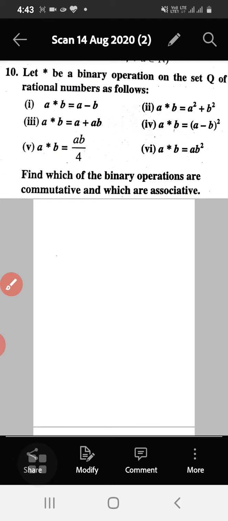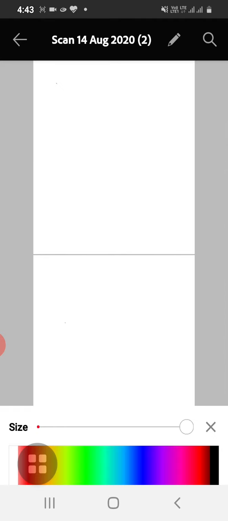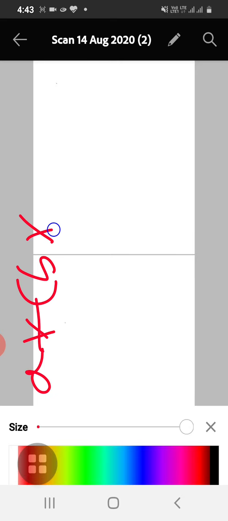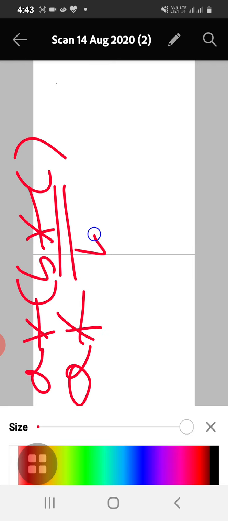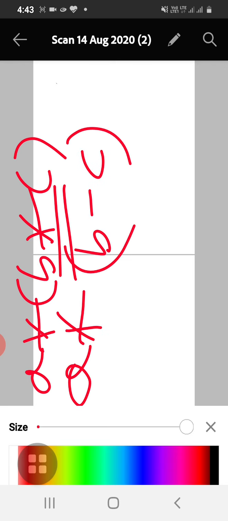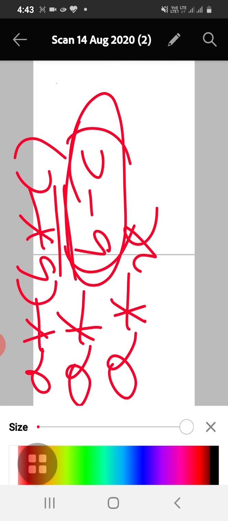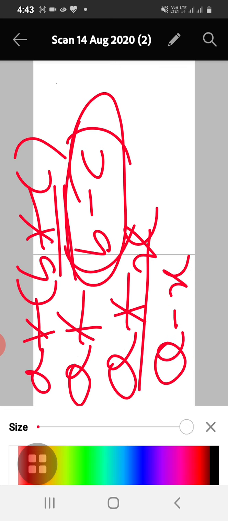So let us check for associativity. Consider a star (b star c). Observe carefully. What is b star c according to the definition? Difference, b minus c. You replace this thing as x. Then once again apply the definition. This is difference, a minus x.